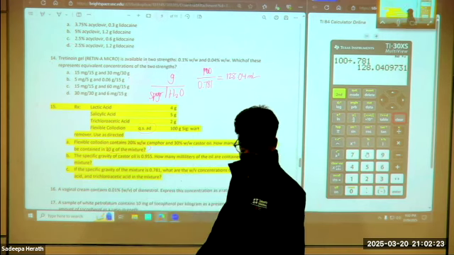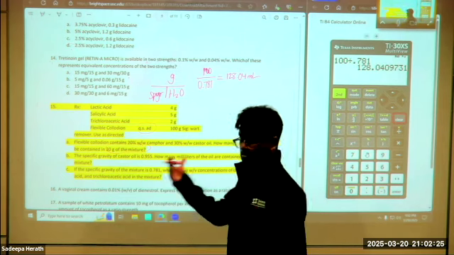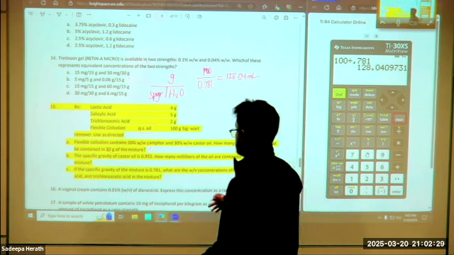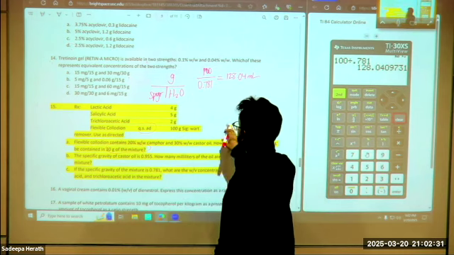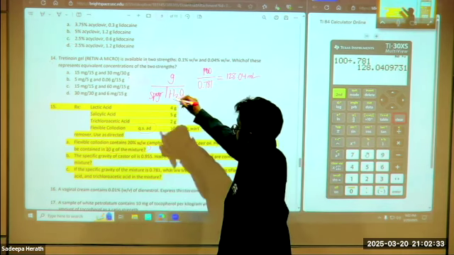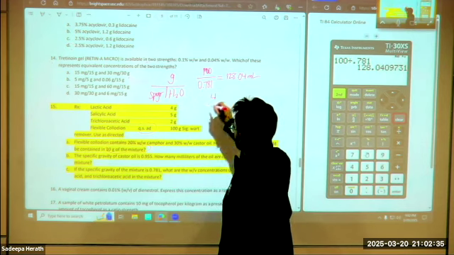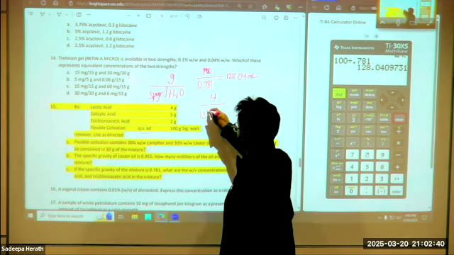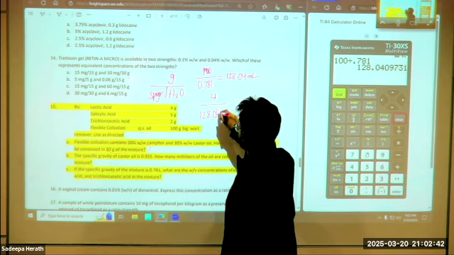That's what weight to volume is. So that's proportions, like I said. We now know that there's 4 grams of lactic acid in 128.04 mL of our mixture.